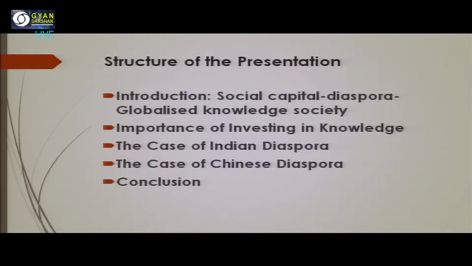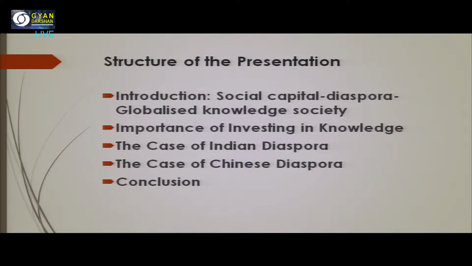I'll have an introduction where I'll be talking about social capital and how diaspora is a form of social capital and very important for globalized knowledge society. Then I'll be talking about the importance of investing in knowledge, how globalized and knowledge economies are very knowledge intensive and how countries are competing to invest in knowledge.